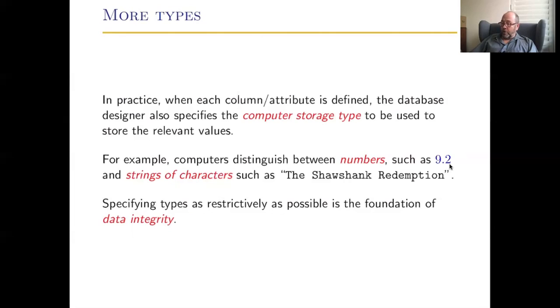Okay, for example, computers know when things are meant to represent numbers and know when things are meant to represent strings of characters. And so when the book table is defined, we would say, expect the first argument in any tuples that are going to be created to be a string of characters, the second argument to be a string of characters, and the third argument to be a number.